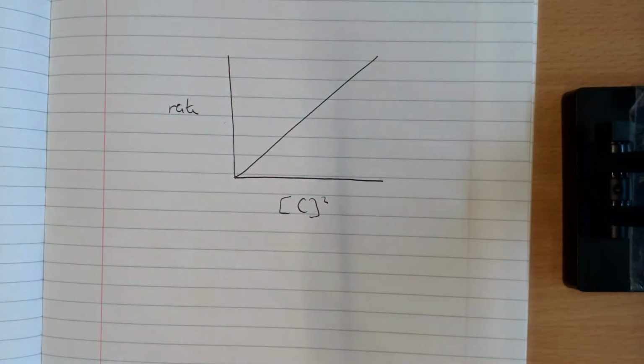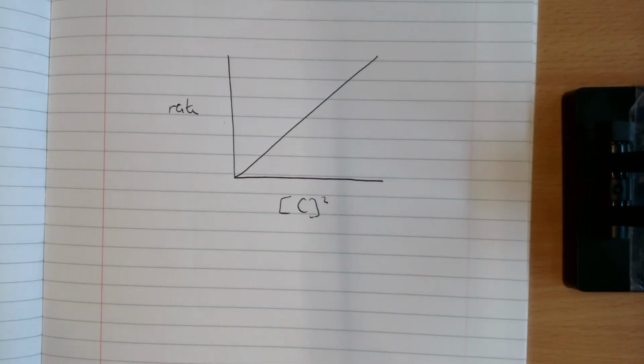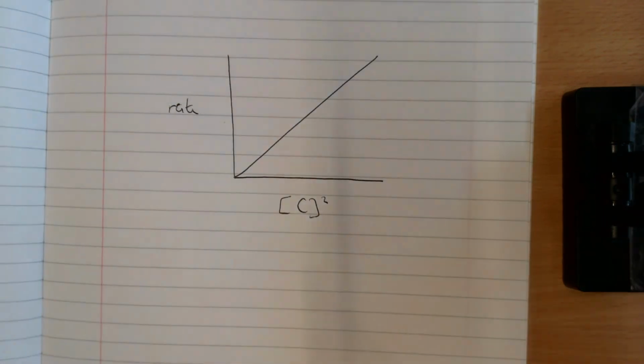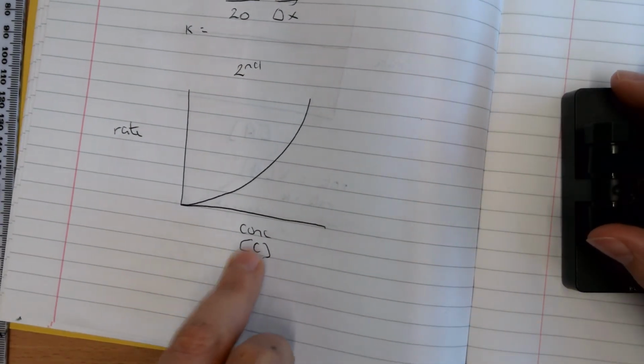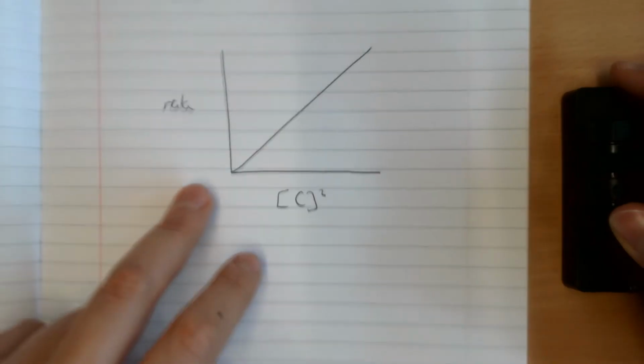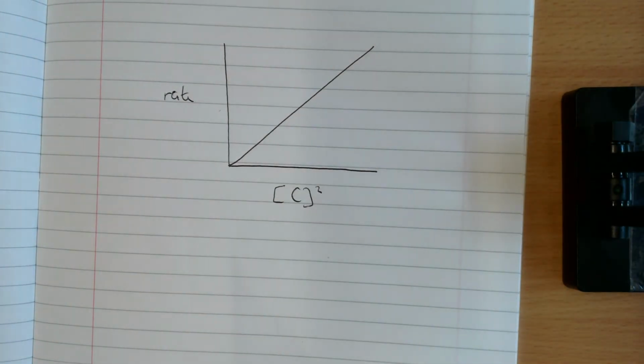So it's similar to the previous video, when we said this is the shape you'd expect a first order graph to be, but you need to use half-life to show that it definitely was. With rate concentration graphs with second order, this is the shape you'd expect, but to confirm that it definitely is, you'd replot rate versus concentration squared, and that straight line confirms that it is definitely a second order graph.